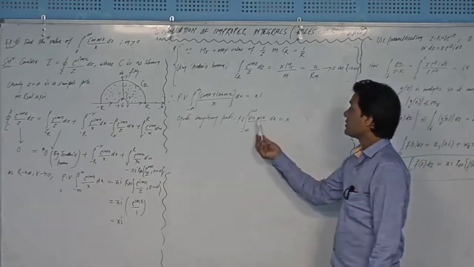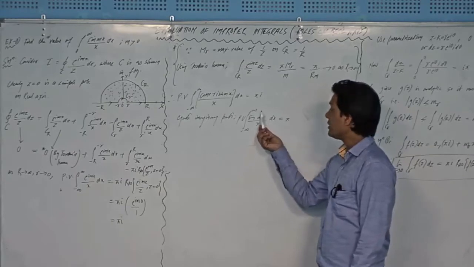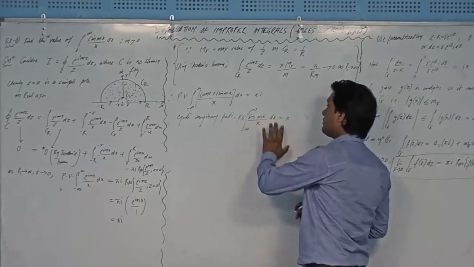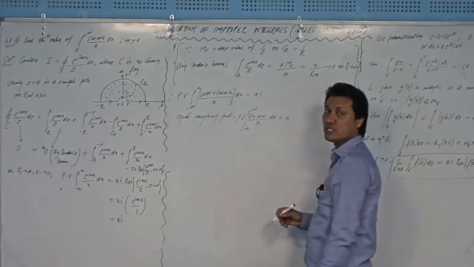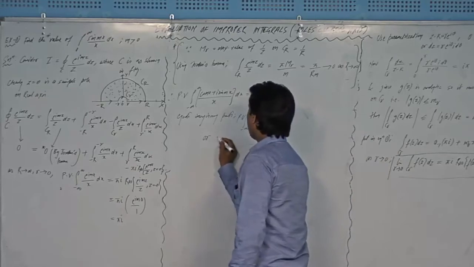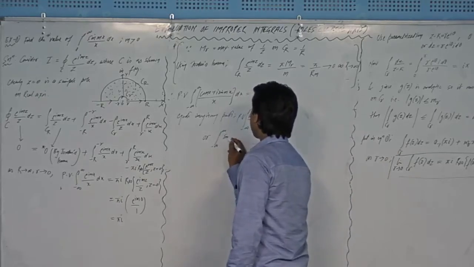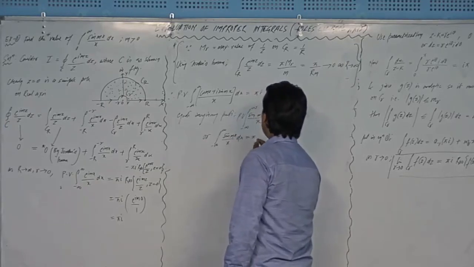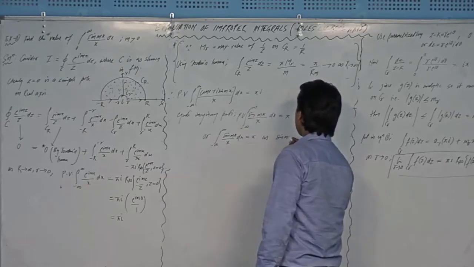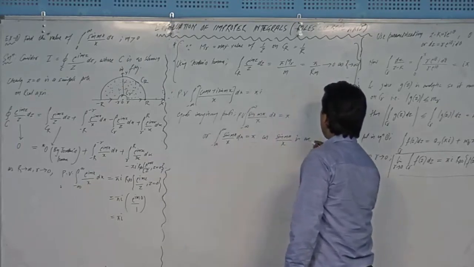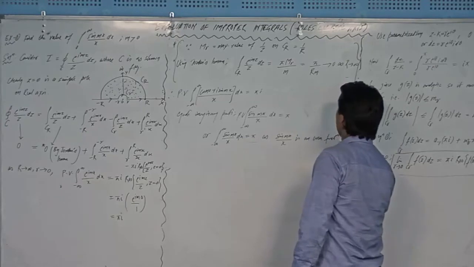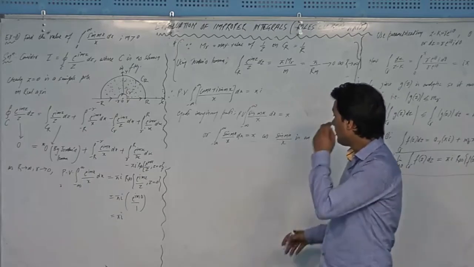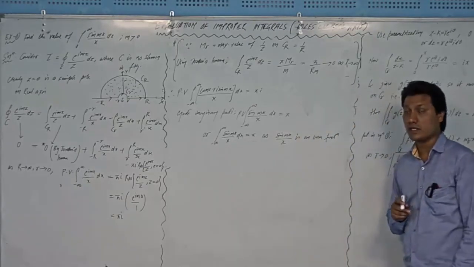And since sin is an odd function and x is an odd function, ultimately if you replace x by minus x, you will get the same function. So I can write that this principal value is actually equal to the value of the original integral, right? Note that you can only replace the principal value of an integral by its actual value if and only if the function is an even function, right?